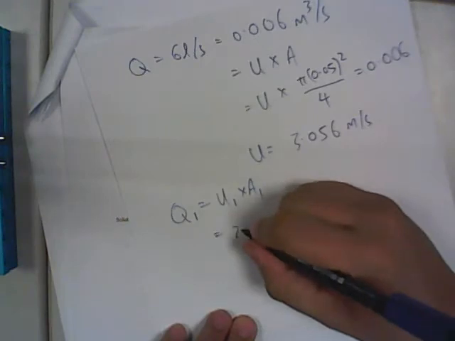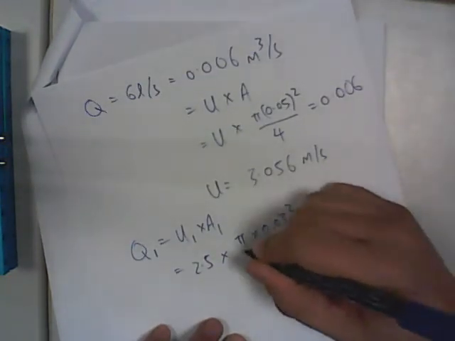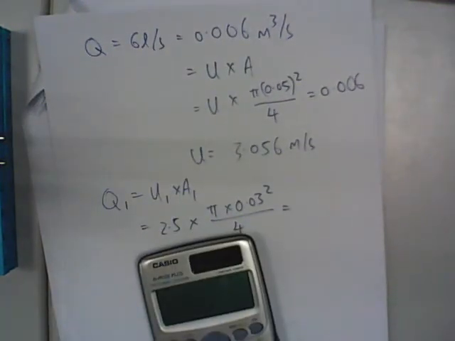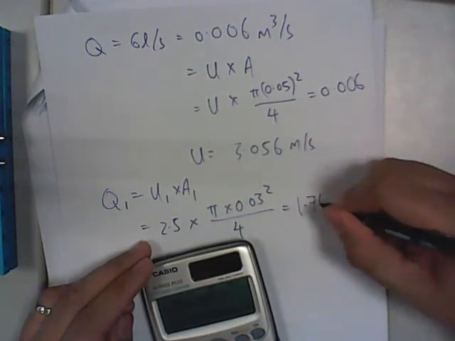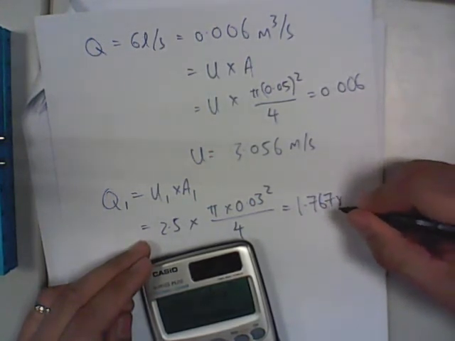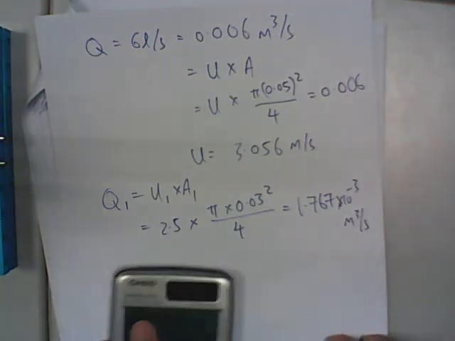U1 is 2.5, and the cross-sectional area of this pipe will be pi, D is 30 mm, 0.03 square over 4. You get 1.767 times 10 to the power minus 3 meter cube per second. So this is what's going through pipe 1.